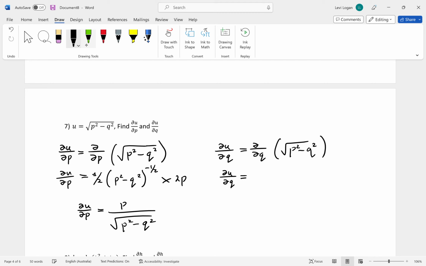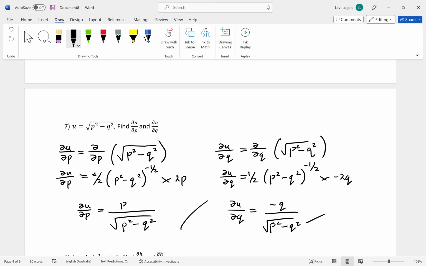It's going to be a half, p squared minus q squared to the negative half. Differentiating the inside, because p squared turns to 0, that's multiplied by negative 2q. Simplifying this entire thing, we have negative q over the square root of p squared minus q squared. Boom! Too good. Let's move on to the next one.